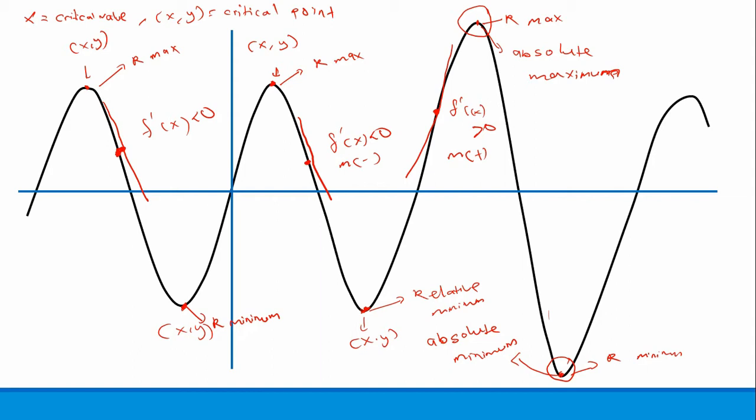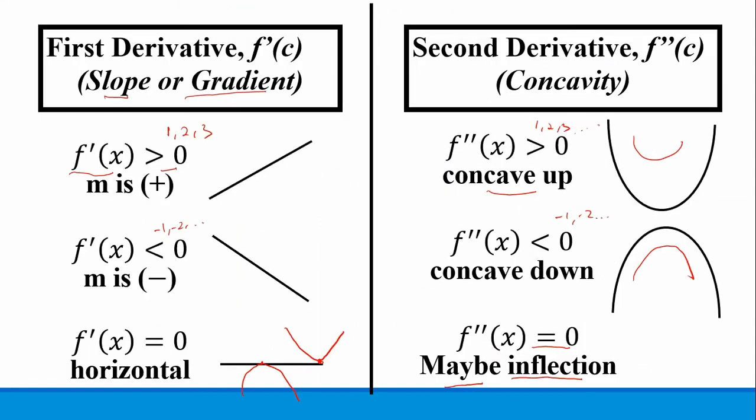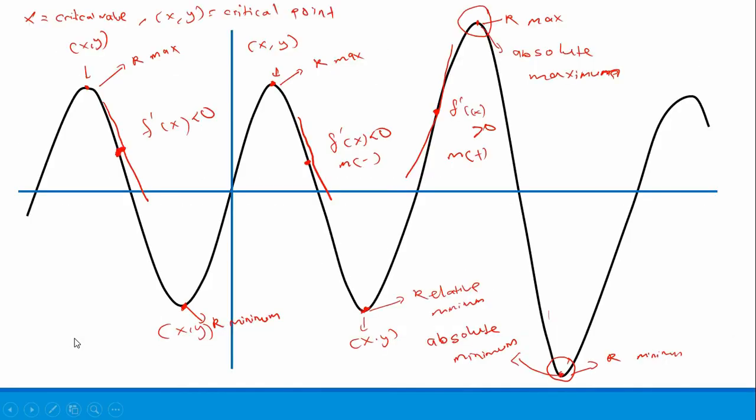What is meant here by the first derivative? Please take note that the first derivative tells us whether the slope, or gradient, is positive or negative. That is the pattern. And if you see in this case, when the tangent is horizontal, it is always at the peak.